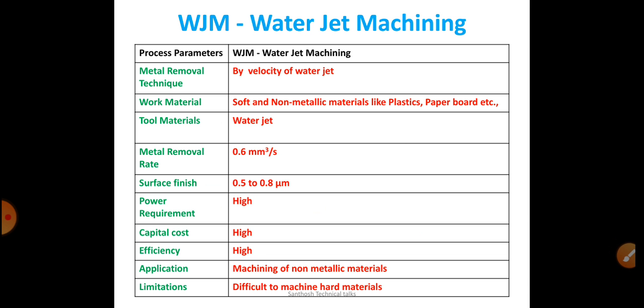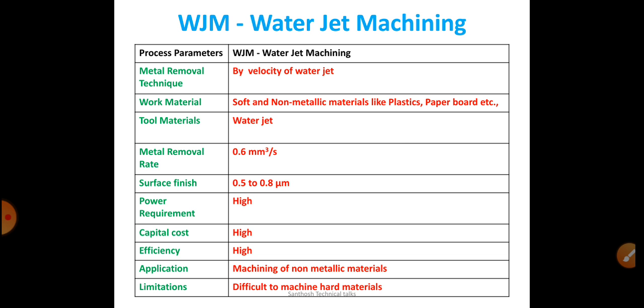The metal removal technique is high velocity water jet. As I said earlier, 700 meter per second of velocity is being handled. Work material is soft non-metallic material like plastic, paper boards, etc. Tool is the water jet. Metal removal rate is a bit better than abrasive jet machining, 0.6 millimeter cube per second.